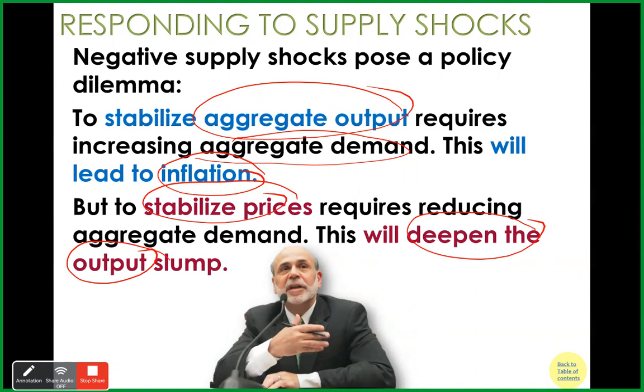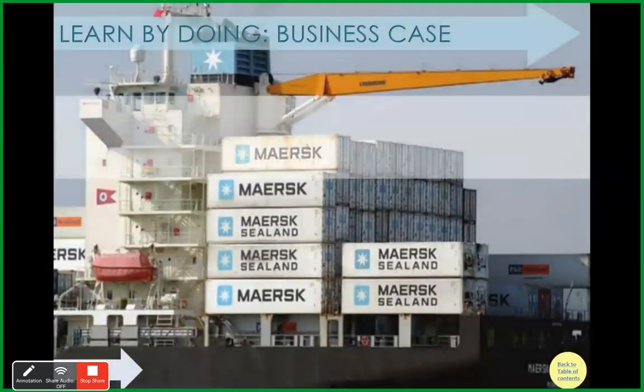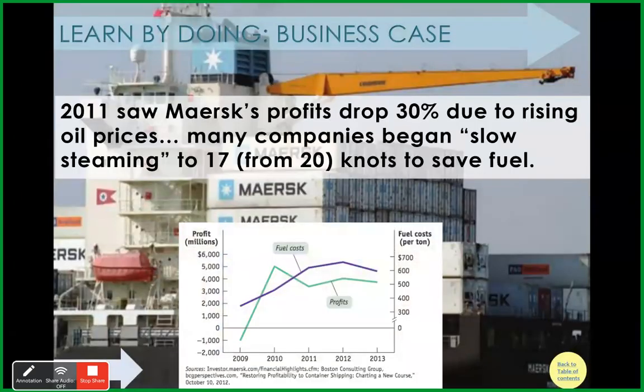We must strike the right balance between stabilizing output and stabilizing price. In history, back in 1980, the central bank stabilized the price first, and then stabilized output. So you have to make a sacrifice, or you need to prioritize.